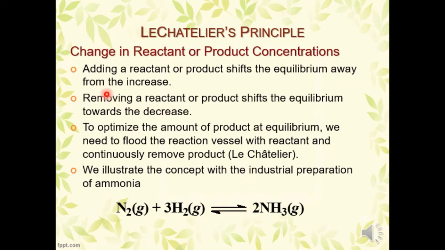If we remove a reactant, let's say we remove nitrogen, the equilibrium will shift towards the decrease. Because we decrease the concentration of nitrogen, the equilibrium shifts to the reactant side, forming more nitrogen to compensate for the decrease just now.